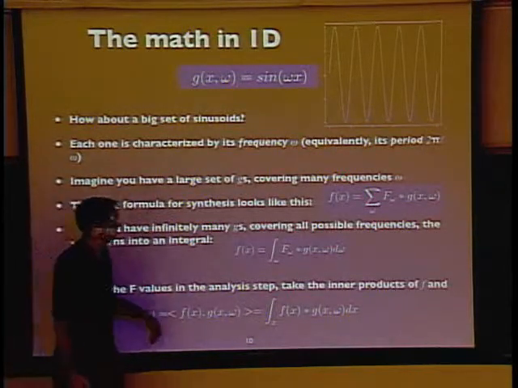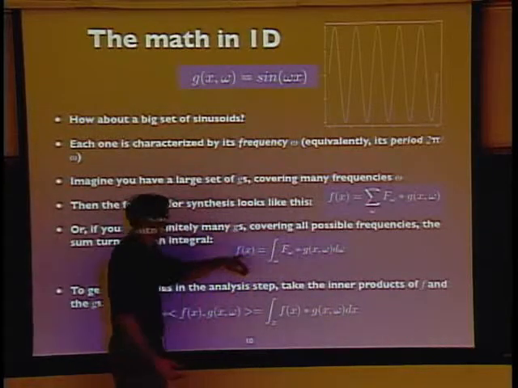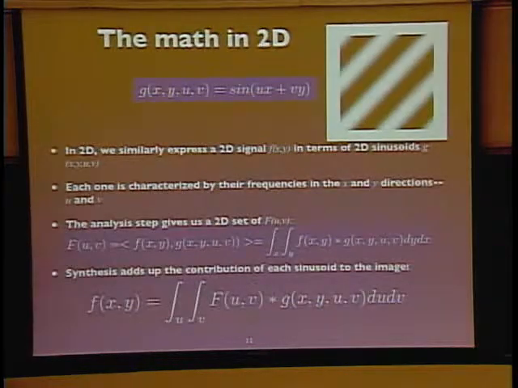And then if you have a bunch of Fourier coefficients and sinusoidal functions, you do a bunch of inner products to get back the imaging data. So it's very, very symmetrical going from imaging data to these coefficients and then going from the coefficients back to the imaging data again. Any questions at this point? Okay, good.